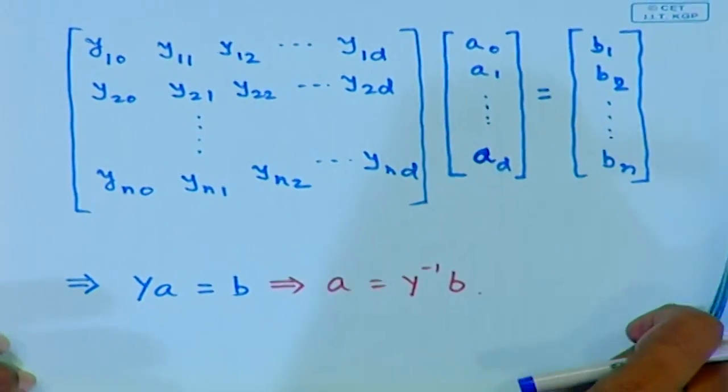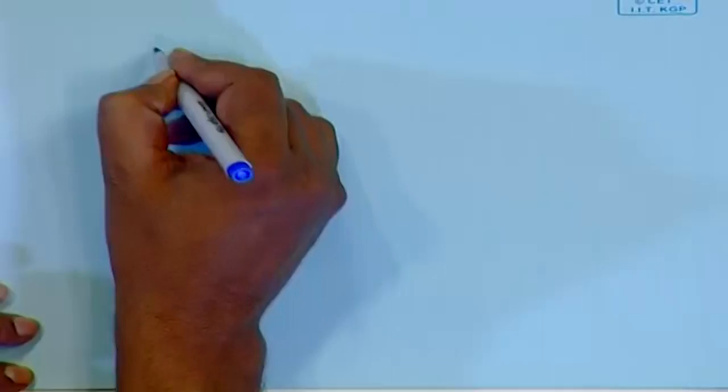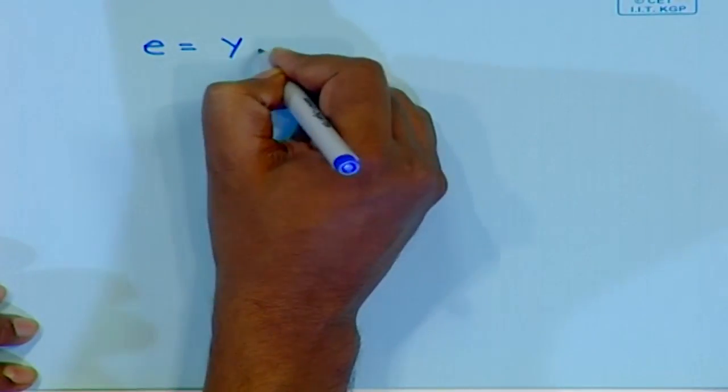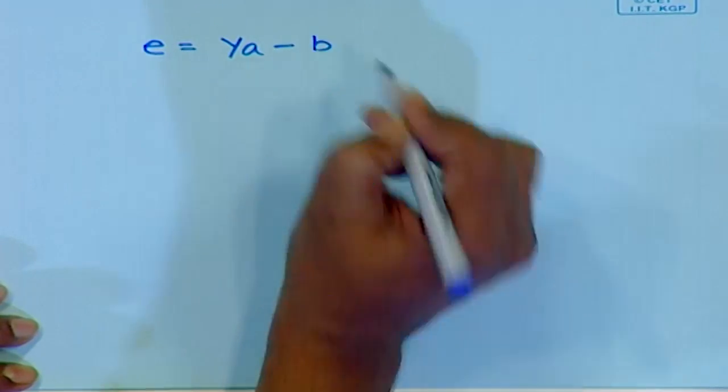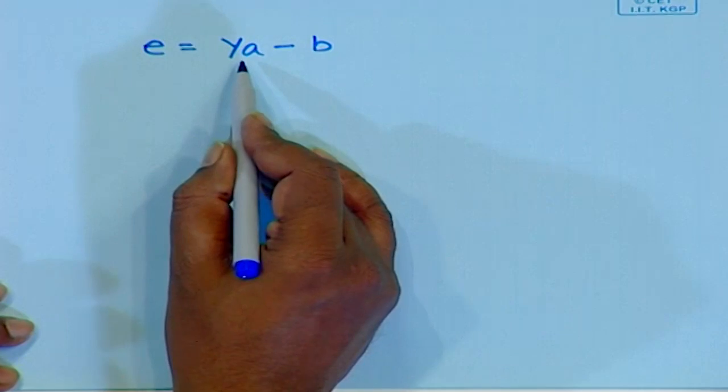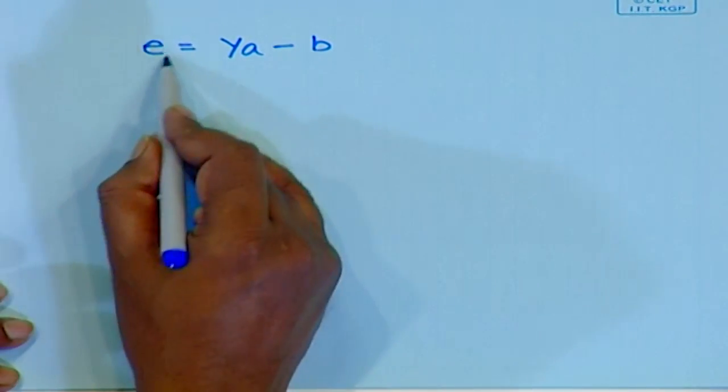So, how to go about it? How to get the solution for this vector a? To get the solution, we can define an error vector. That error vector e is actually Ya minus b. And our aim will be to get a solution for a that minimizes this error.